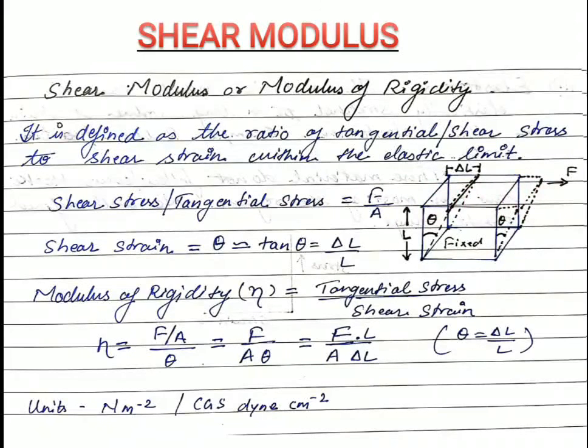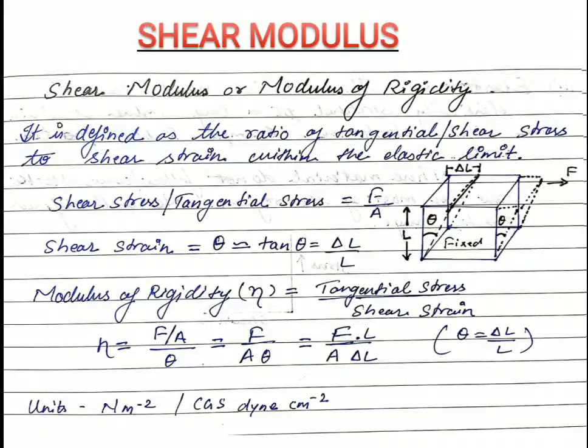Shear strain, that is tan theta, equals delta L upon L, where theta is the displacement between the opposite surfaces, represented by delta L, relative to the original length L. So shear strain theta equals delta L upon L.